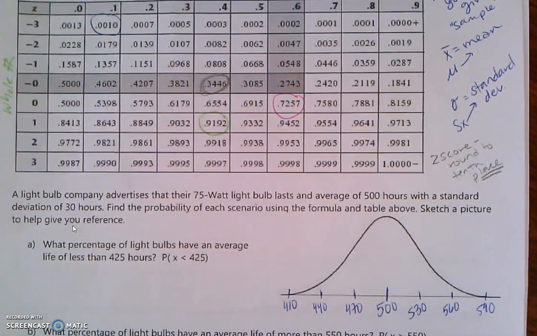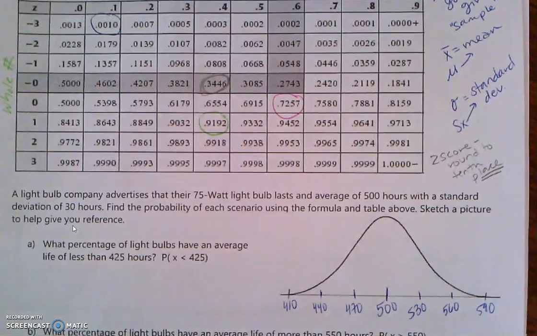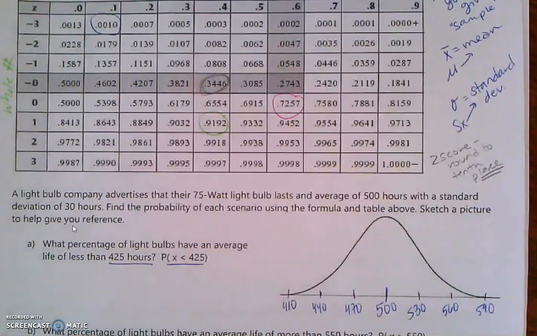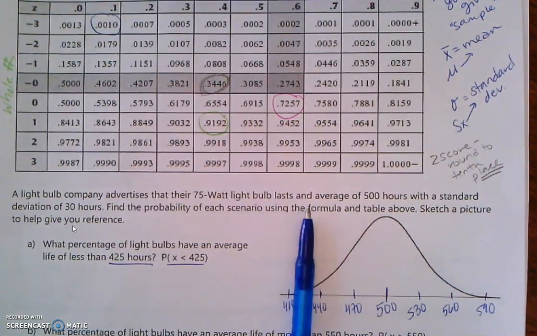Now, this says, what's the percentage of light bulbs that have an average of less than 425 hours? So this is very similar to what we did last time with our calculator, because 425 is not directly on a standard deviation number, but instead of using our calculator, we're going to use something called a z-score. The only way we know to use a z-score in this problem is because the directions tell you to.